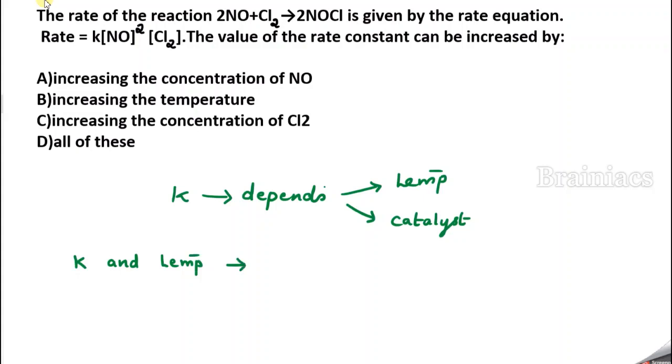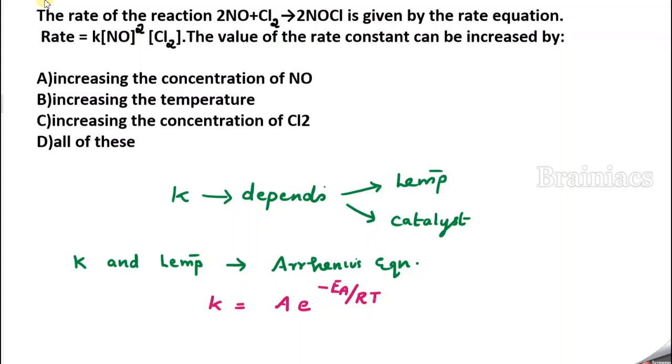This is related by the famous Arrhenius equation, very important. This is there in your syllabus. We need to learn that. I will give you that relation for your understanding. The rate constant K is equal to A times e to the power minus Ea by RT.